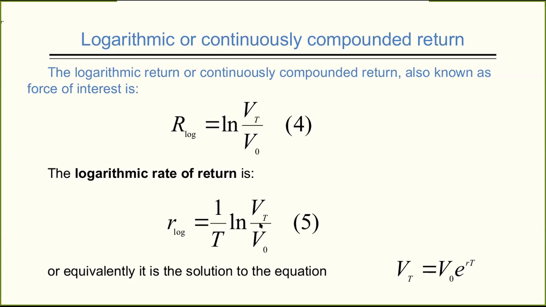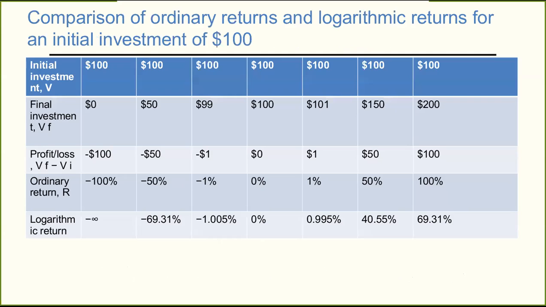So formula 5 we can get from formula 4 and from a solution of the equation of compounded return. You see that it will be useful in a lot of problems, and in our first two. So please remember formula 5.